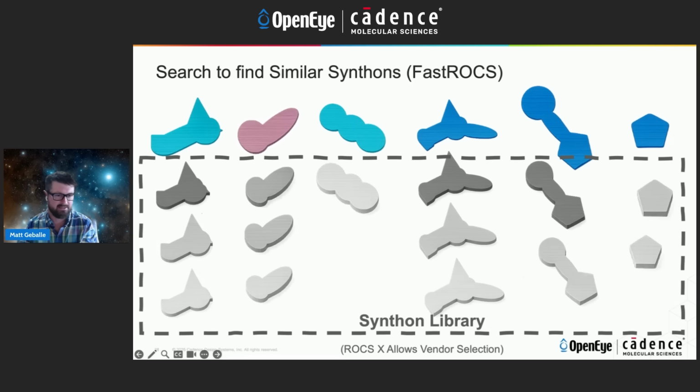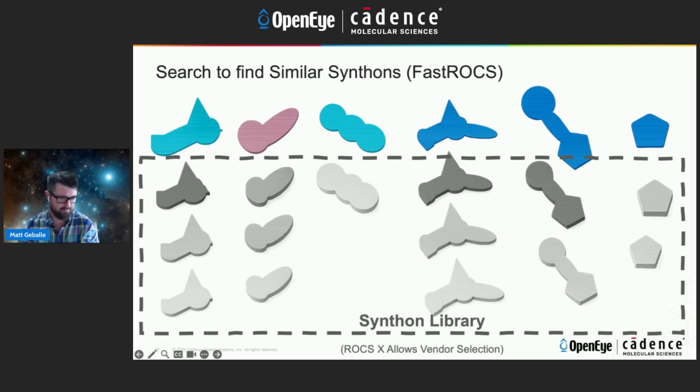And this has the effect of focusing our synthon library, limiting the space within our synthon library that we're going to do further searching. You can do this by selecting which vendors you want to search. So ROCS X allows you to limit your search by vendor at search time. But we would estimate that this reduces us to looking at maybe 5 to 15% of the total product space.